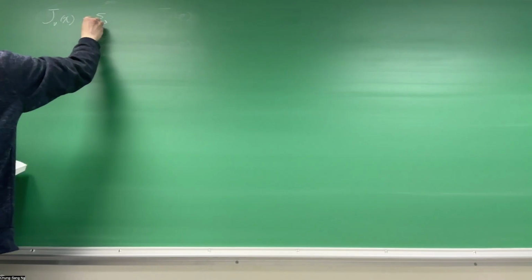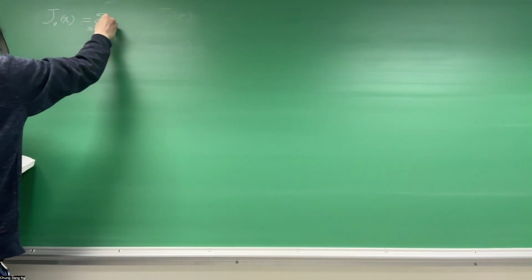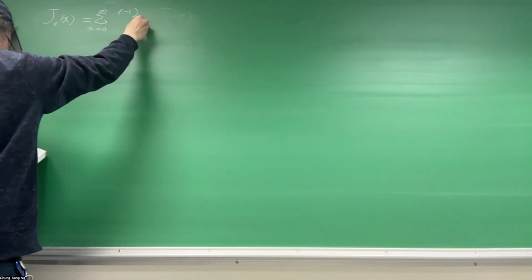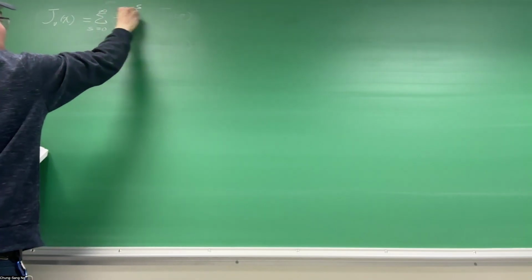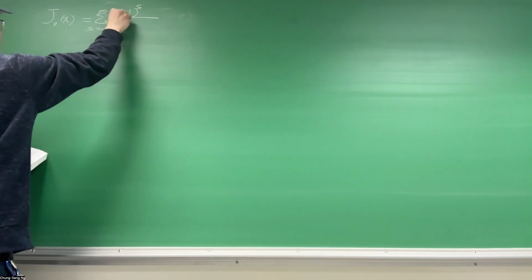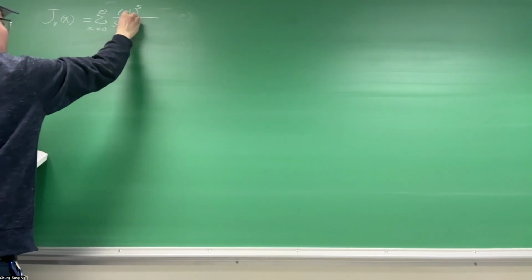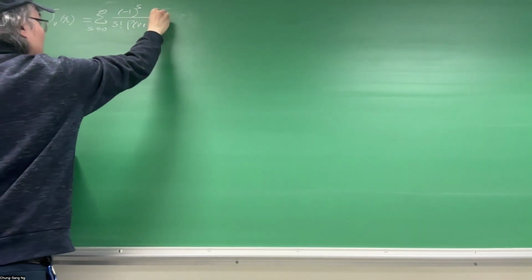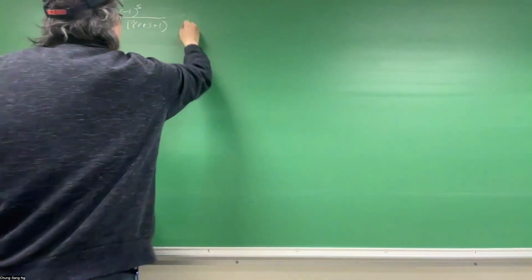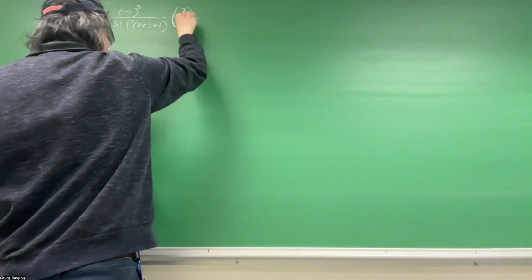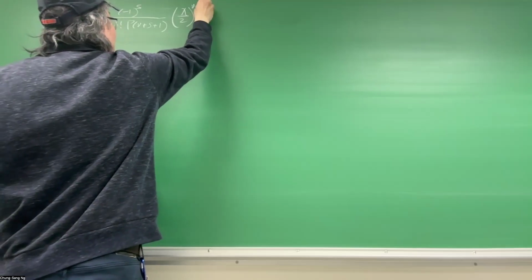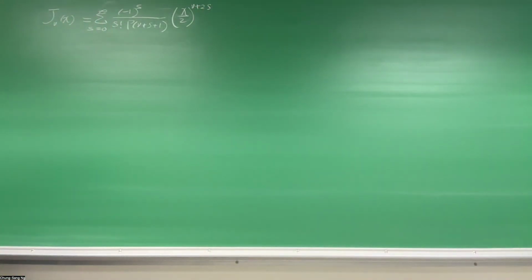This is the textbook formula, using S in the summation: (-1)^S over S factorial, gamma of nu plus S plus 1, times x over 2 to the power nu plus 2S.